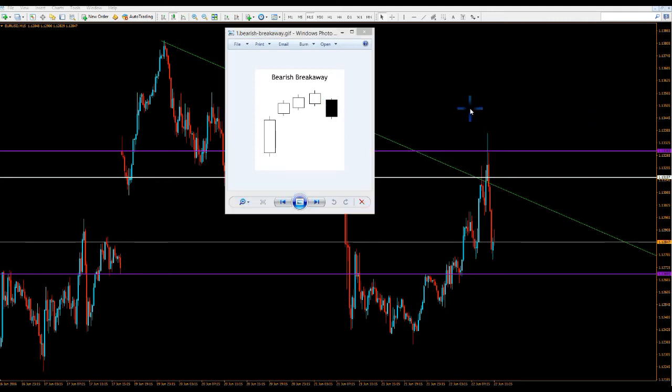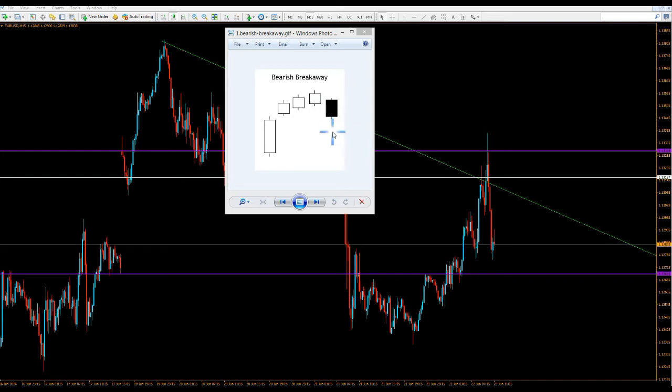So this indicates a bearish reversal. If you don't know, remember that you need more confirmations. If you don't know how to see more confirmations, you need to learn price action. You can watch the price action playlist and the trend analysis, so you can understand how to get more confirmations.